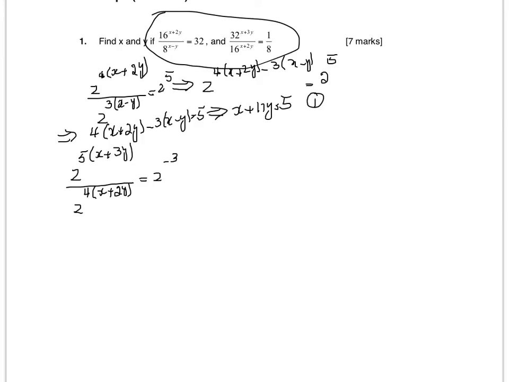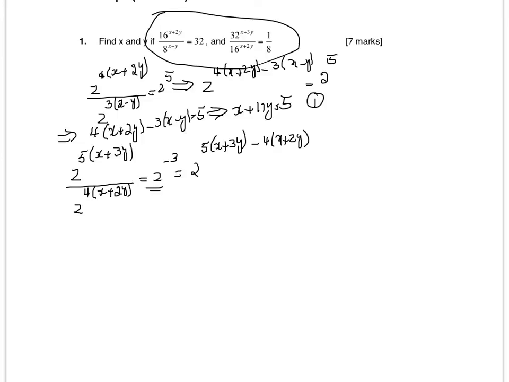This is equal to, since we are dividing two powers with the same base, I'm going to subtract the exponents, so 2 exponent 5 times x plus 3y minus 4 times x plus 2y is equal to 2 exponent negative 3.